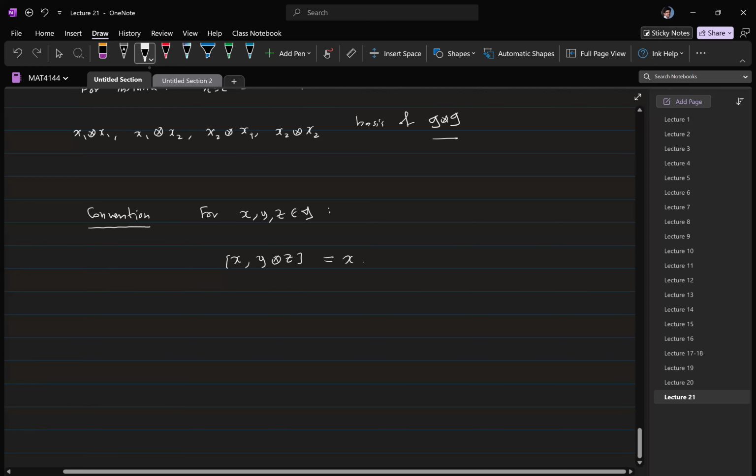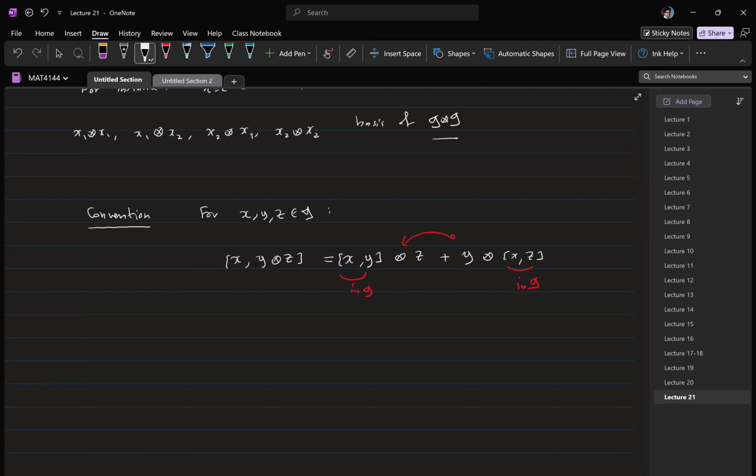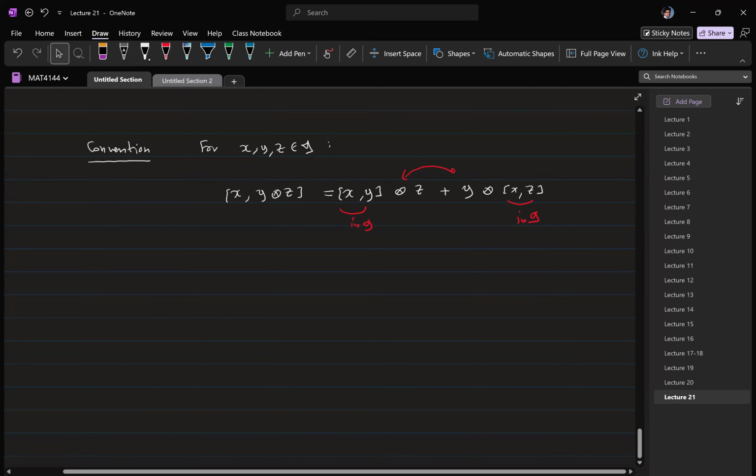This is the bracket of x, y, tensor z, plus y tensor the bracket of x, z. So this tensor is in G tensor G, and this is in G. So this thing is in G tensor G, and now I'm adding these two. Here you have to make sure that you're adding in a bilinear way. In other words, you're not mixing up the concept with direct sums.